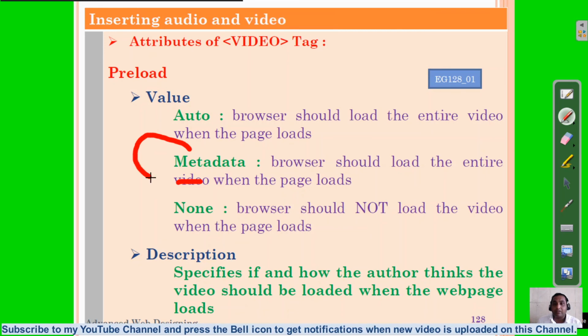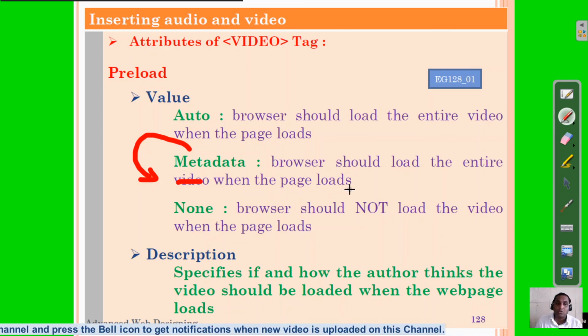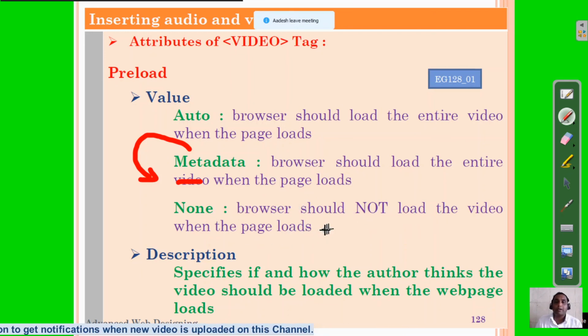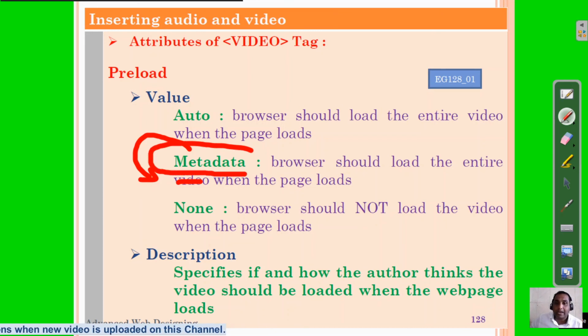Metadata is information about the video, loaded when the page loads. And none means the browser should not load the video when the page loads. Metadata is additional information on that video, so that should be loaded along with the video. Auto means it will load the entire video when the page loads onto the browser.